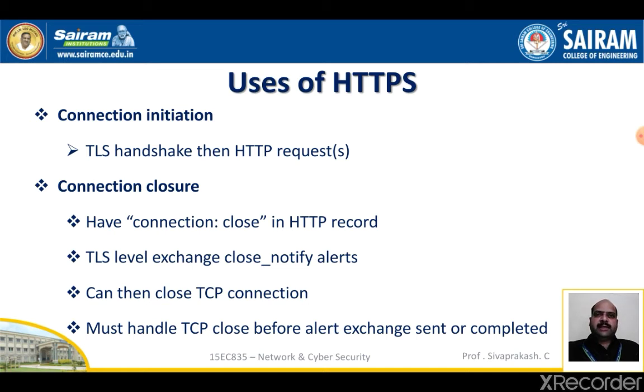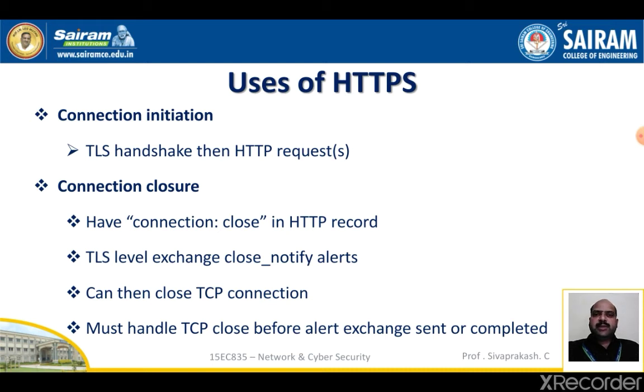At the TLS level, the proper way to close a connection is for each side to use the TLS alert protocol to send a close notify alert. The TLS implementation must initiate an exchange of closure alerts before closing a connection.